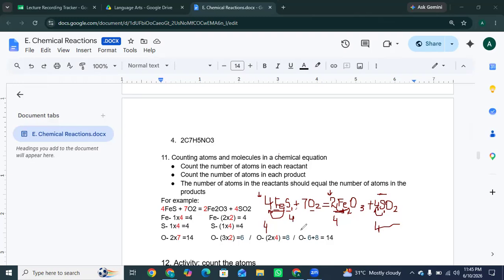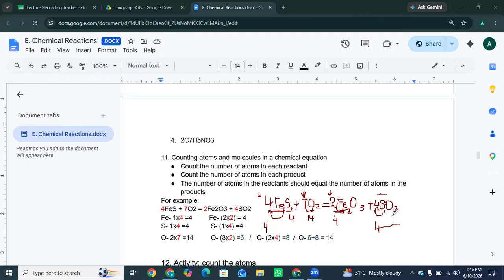The next one is oxygen. Oxygen is in two different places on the right side, so we add them together. On the left, 7O2 means 7 is the big coefficient and 2 is the small number. The rule is to multiply the small number by the coefficient, so 7 times 2 is 14. Now look at the right side, 2Fe2O3 plus 4SO2.